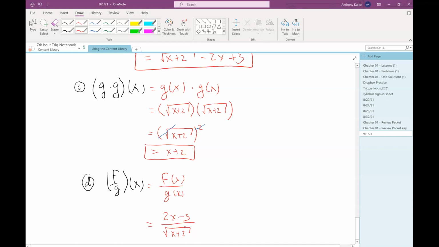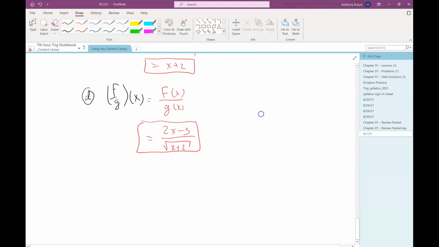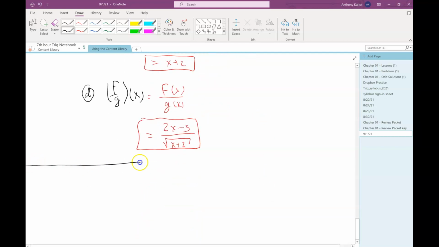And is there any simplifying I can do here? No. So this is good enough. Everybody okay doing this kind of thing? It's mostly just practicing simplifying an expression like we would have done last year in our Algebra 2 class, right? Not too bad.